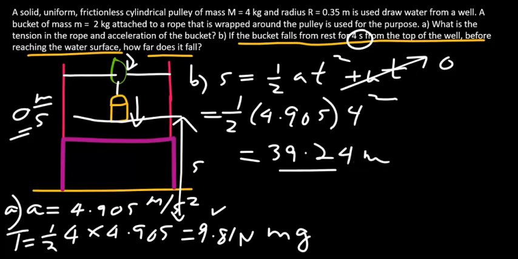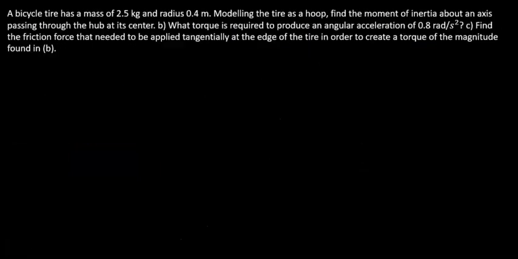Problem 3. A bicycle tire has a mass of 2.5 kg and radius 0.4 meter. Modeling the tire as a hoop, find the moment of inertia about an axis passing through the hub at its center. So that is the tire and that is the hub. The radius is 0.4 meter.